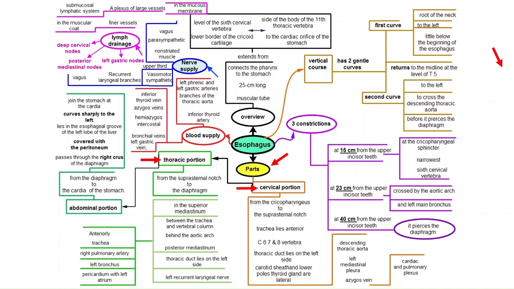When you study the diaphragm, it has a vertebral origin in the form of 2 crura, a right crus and a left crus.